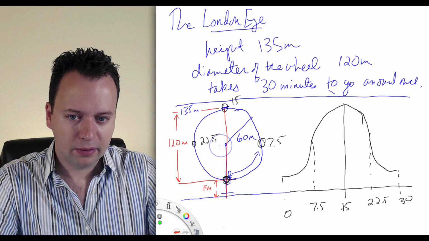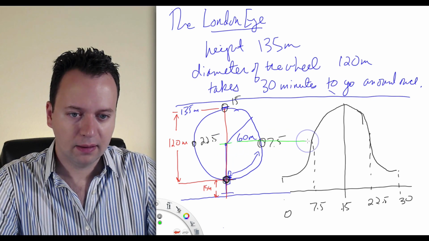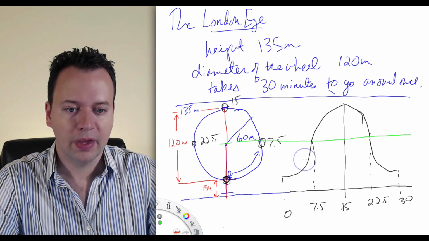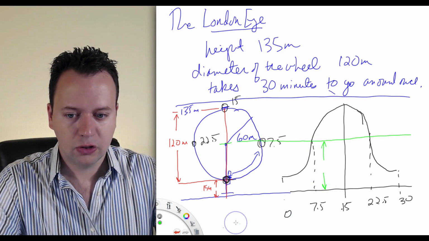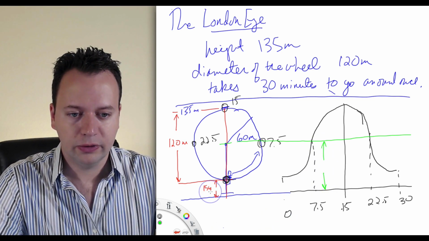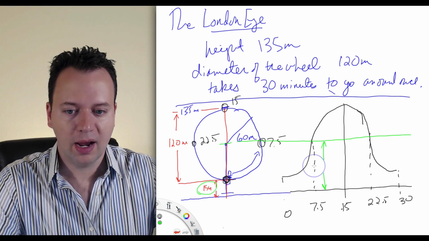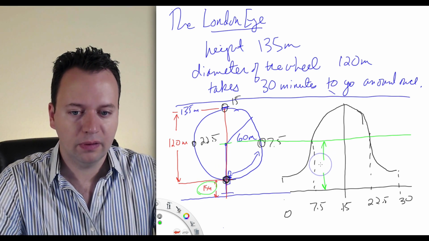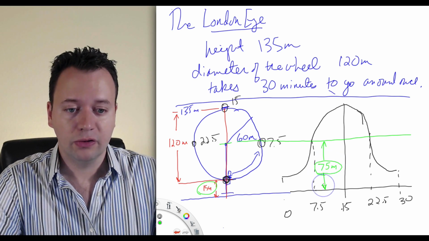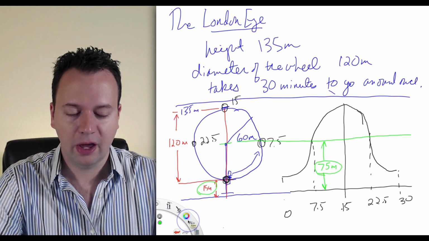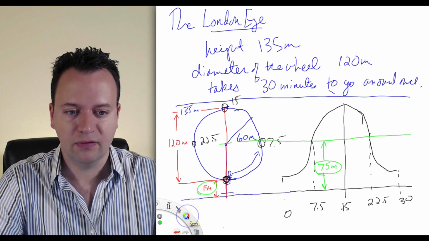Now the midline will be exactly right in the center. So first of all, the midline should have a height equal to the base height plus the radius. So the 60 plus the 15 gives me a midline of 75 meters. So the midline in our standard trig function is going to be 75.